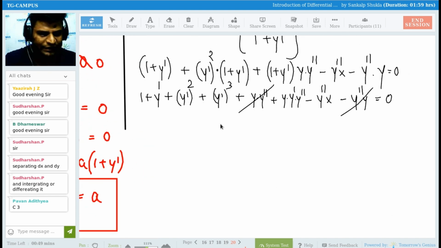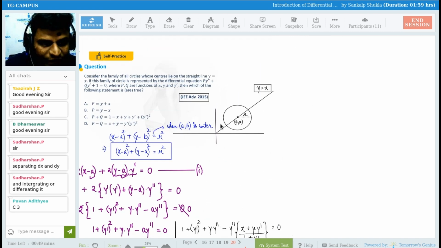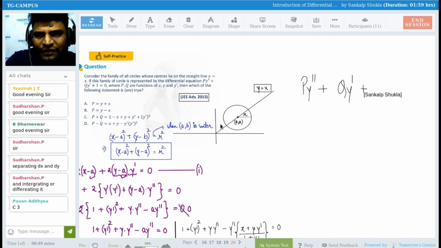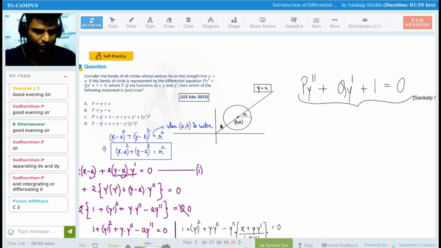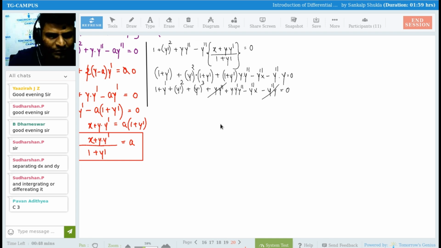Now we have to compare it with the initial question from which we have started solving it. We have to compare it with p y double dash plus q y dash plus 1 is equals to 0. That means we must have a plus 1 term and a 0, and we have to separate y double dash and y. So this one we have to keep as 1 is equals to 0.